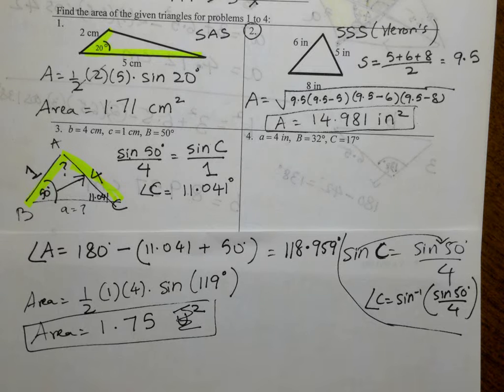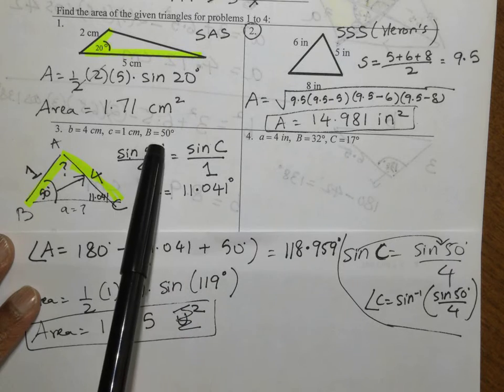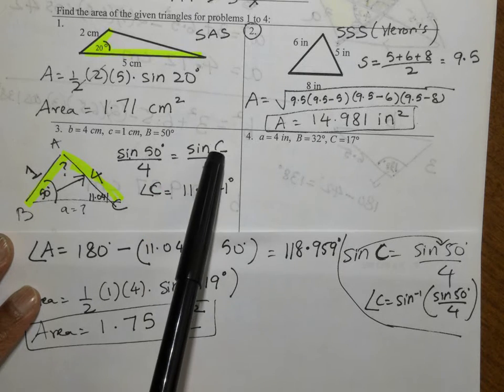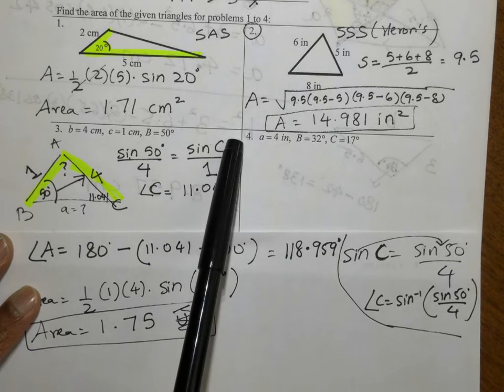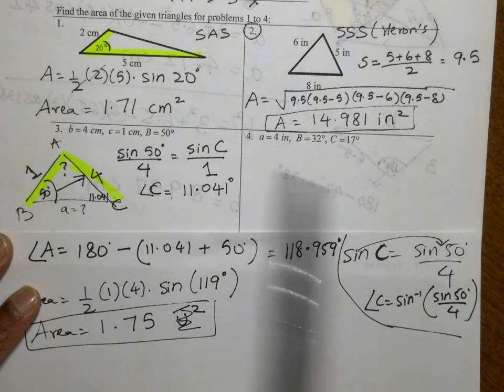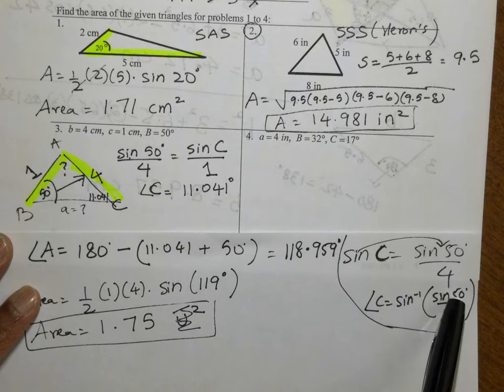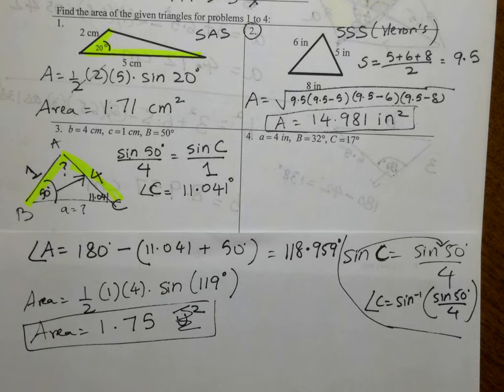So when you cross multiply, it's 1 times sine 50 equals 4 times sine C, but your goal is to get sine C by itself, so you divide both sides by 4, so that's how you'll end up getting sine 50 by 4. Makes sense? And then you have to get C by itself, which is when you do sine inverse.